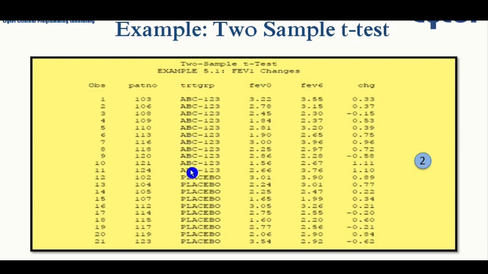This is treatment group up to this. So there are 11 patients having the drug ABC123. The remaining are getting placebo. The change in the volume is specified in this column, change, and then we are interested in seeing whether this particular block for ABC123 is significantly different from the block for placebo.